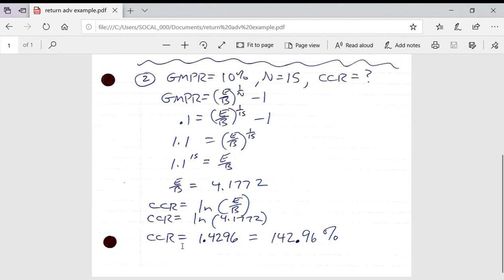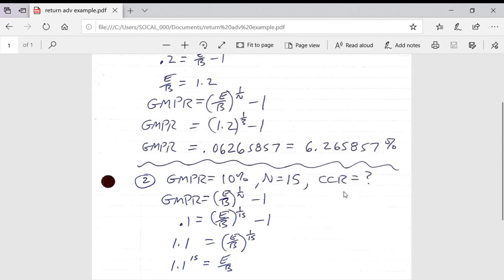We take the natural log of 4.1772, and we get the value for the CCR at 1.4296, which stated as a percentage is 142.96%.